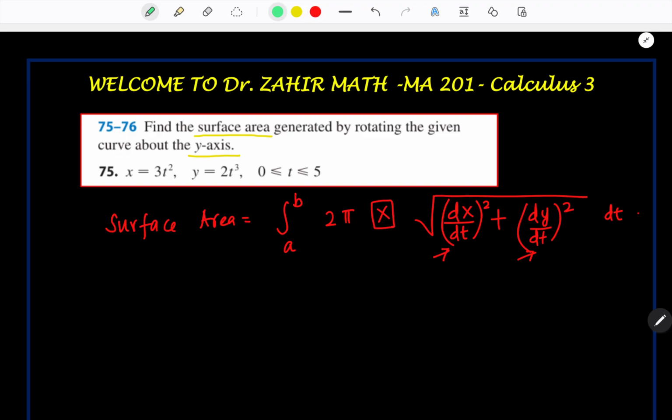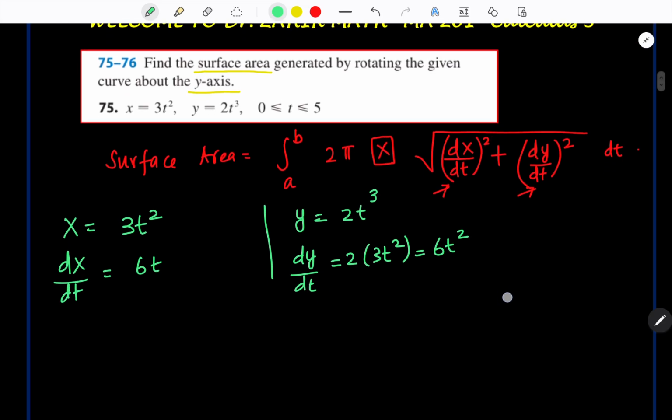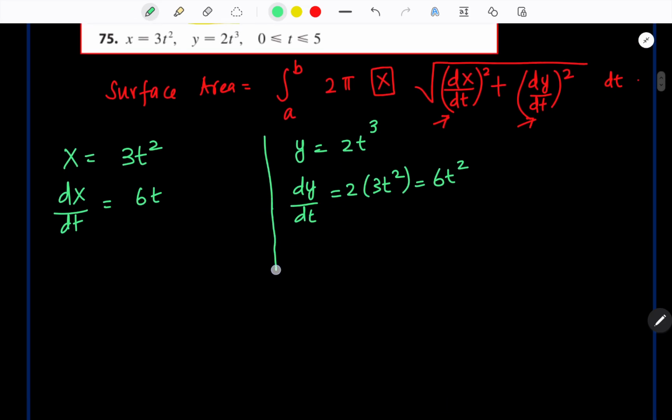So let's start the solution. x equals 3t square and y equals 2t to the power of 3. So let us start with dx by dt. dx by dt is 6t and dy by dt is equal to the derivative of 2t cube, which is 3 times 2t square, equal to 6t square. Okay, right. So what we are going to do now? We are going to square.